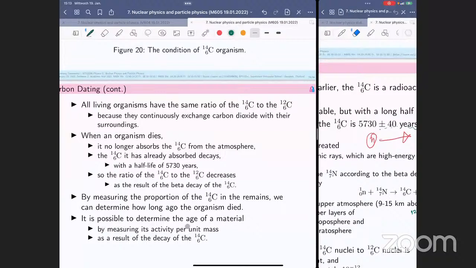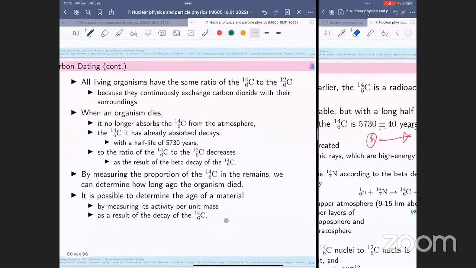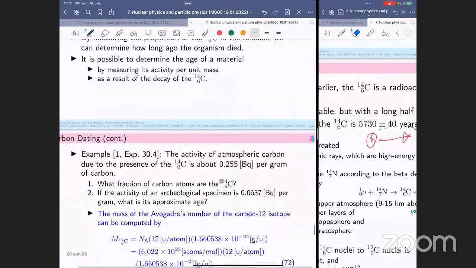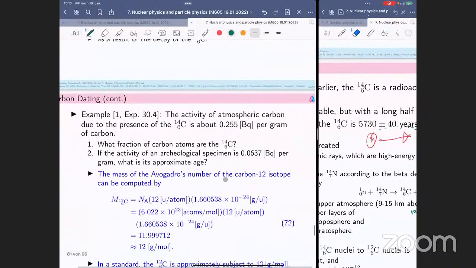It is possible to determine the age of a material by measuring its activity per unit mass as a result of the decay of carbon 14. You measure the amount of carbon 14 atoms per gram or something like that. That's the way you can observe how long ago that organism died. Okay, one example is the following.